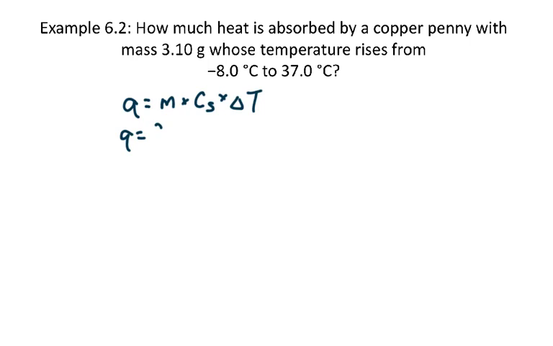So our mass is 3.10 grams. Our specific heat we can look up in table 6.4. For copper, it is 0.385 joules per gram degrees Celsius.